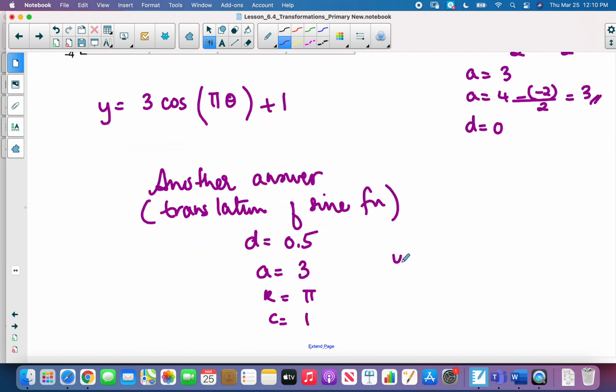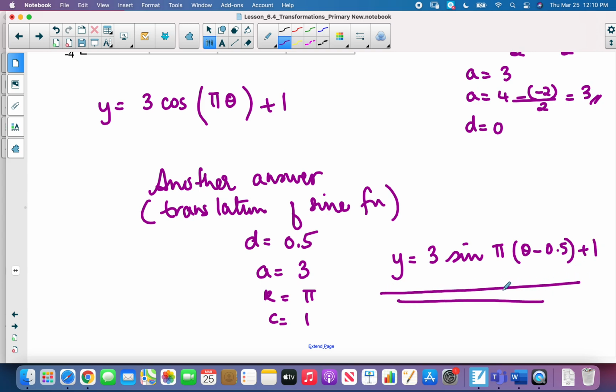So then it would look like y equals 3 sine pi times theta minus 0.5 plus 1. So you could also have an answer like this if you were trying to see it as a translation of the sine function.